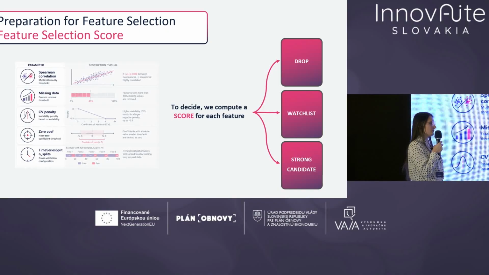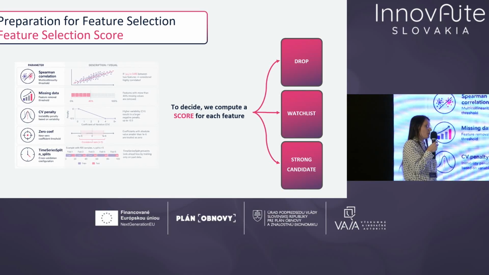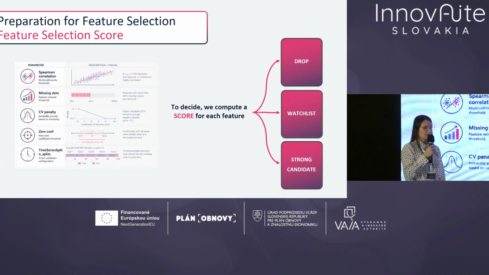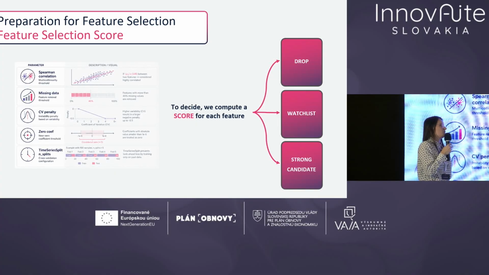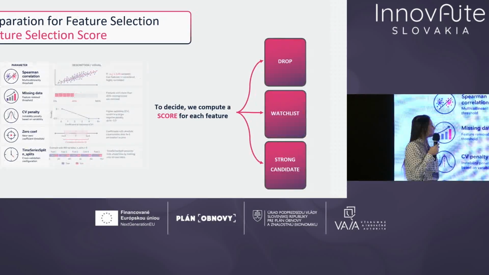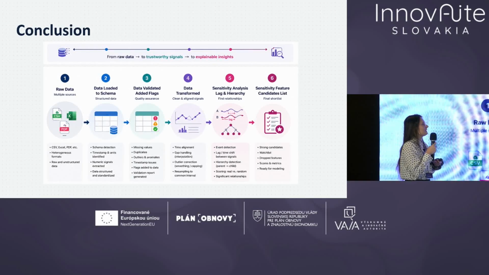Once we evaluate it, we split it into 3 groups: some are interesting candidates for us, some didn't score too high but are still meaningful or make sense, and the last one is the layer that we don't consider, so it's a drop.